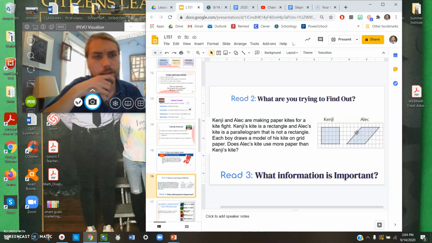Can someone raise their hand and volunteer to come off mute? How did you know that we were talking about area? Yeah, exactly. During our vocab, when we talked about area, we saw that there was a square with this grid layout. And we can see that here for Kenji and Alex. Both of their kites are shown on this grid. Awesome.